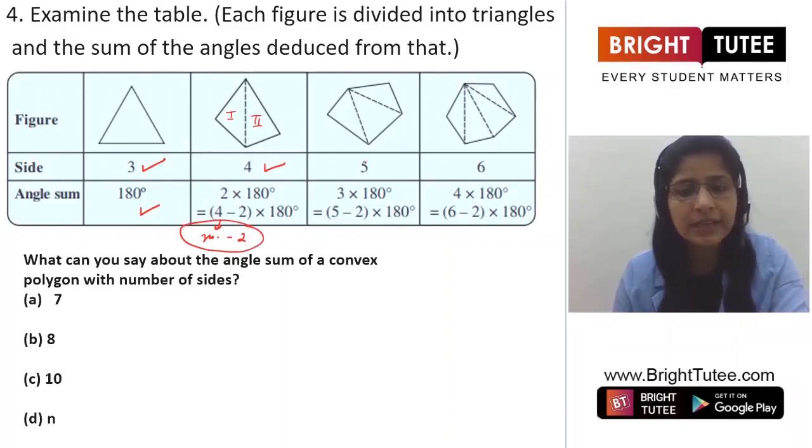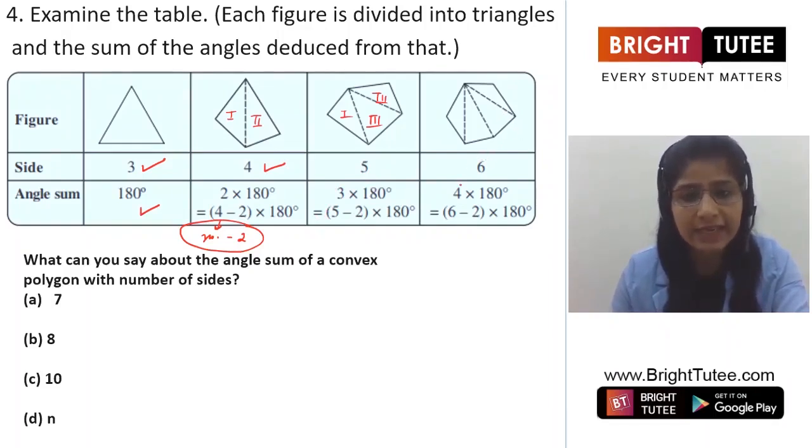Right? Similarly, in the next one we see it is a pentagon having 5 sides and it is divided into 3 triangles. So the sum will be 3 into 180 degrees. 3 can be written as 5 minus 2, where 5 is the number of sides. Similarly, in the last one we have 6 sides and the sum will be 4 multiplied with 180 degrees because it is divided into 4 triangles, as you can see.